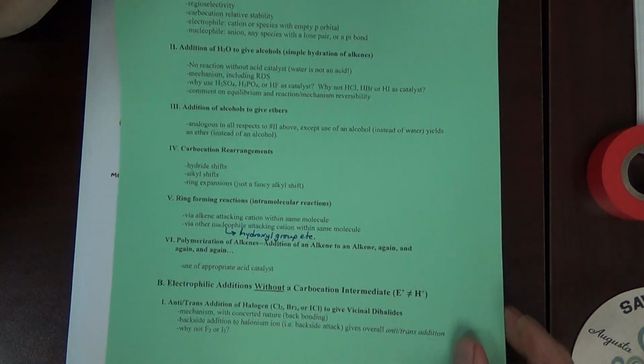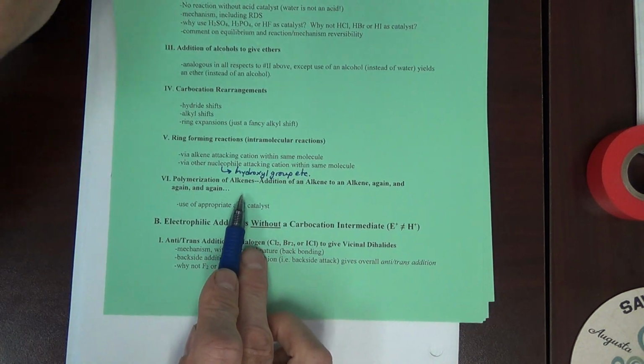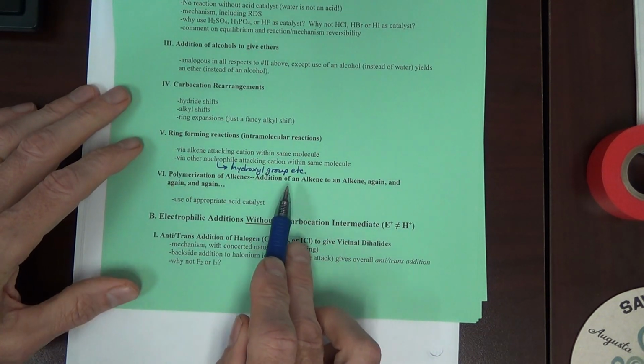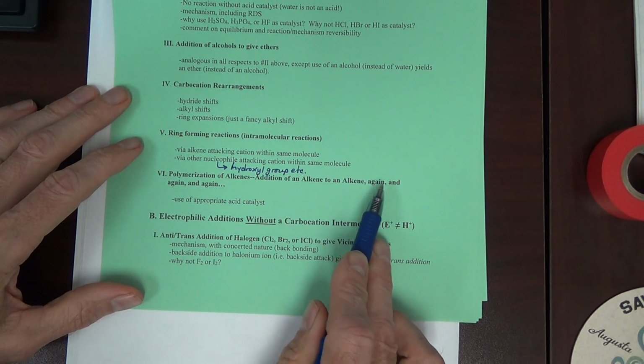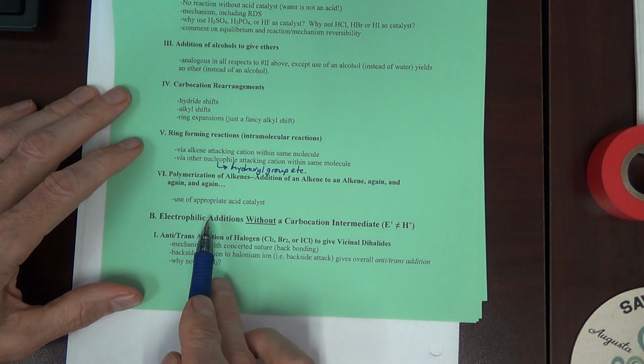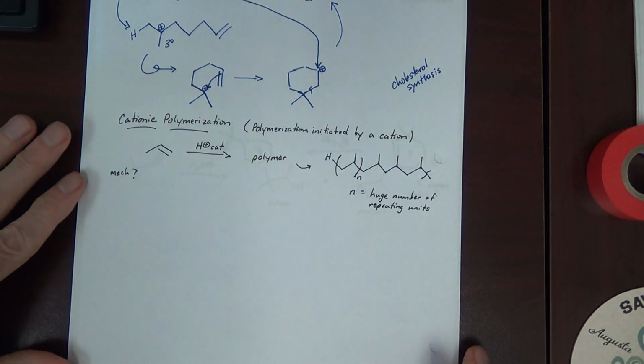Okay, the next topic here is going to be polymerization of alkenes. And this will involve addition of an alkene to an alkene again and again and again. Let's see how this might take place.